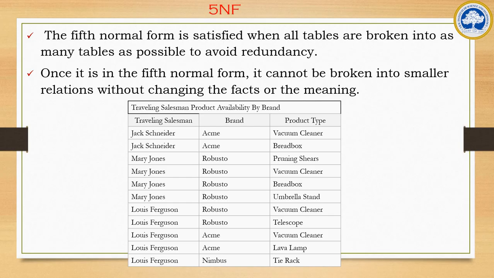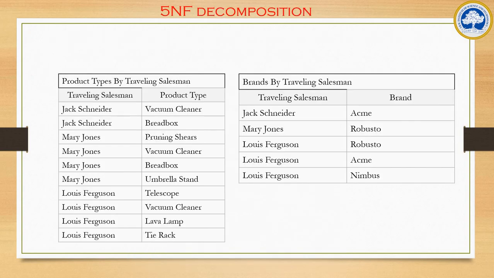Here the salesman is the primary key, so salesman and brand is one table, and salesman and product type is another table. Here there are three attributes, and similarly if it is six or seven attributes, you have to break it into smaller tables until we can't divide anything further. Up to that level we have to apply.